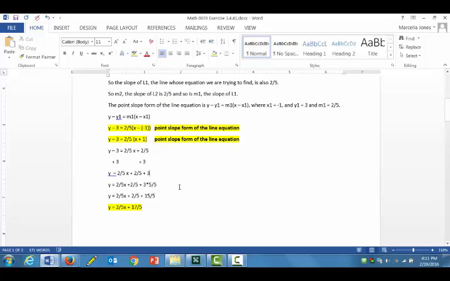Both of these are the point-slope form of the line equation. And then here I have the slope-intercept form of the line equation of line L1.